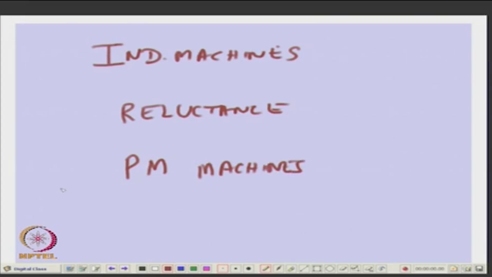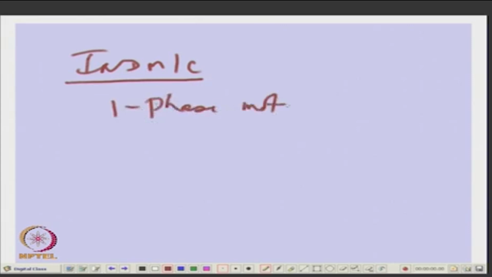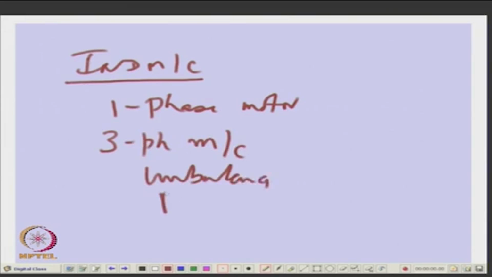And on induction machines, our center was single phase motor, because as of now they have the maximum use, both in domestic and small power ranges. Okay. We also looked at 3 phase machine, unbalanced, asymmetrical.